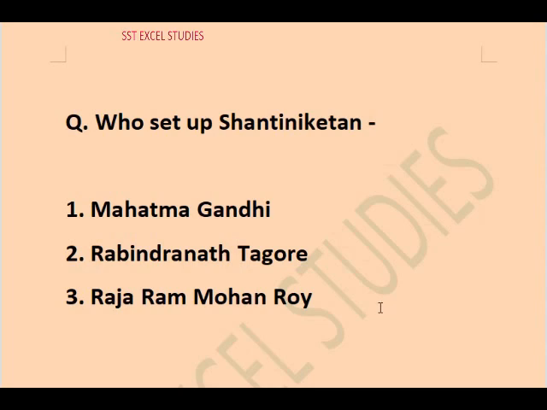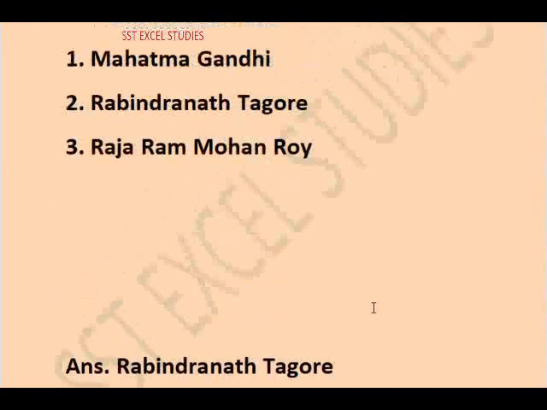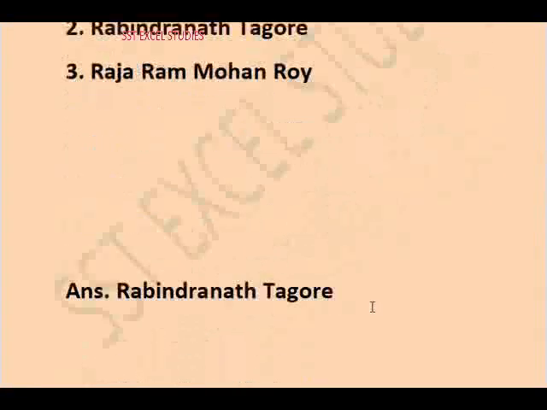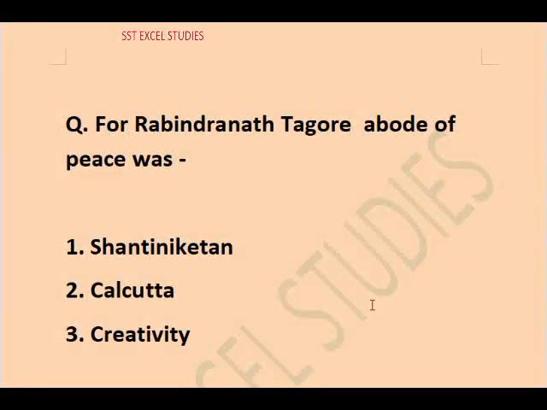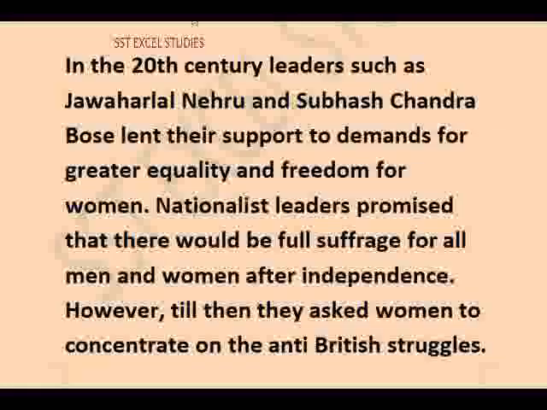Options are Mahatma Gandhi, or Rabindranath Tagore, or Raja Ram Mohan Roy. Answer is Rabindranath Tagore. Next question is, for Rabindranath Tagore, abode of peace was, options are Shantiniketan, or Calcutta, or creativity. Answer is Shanti Niketan.